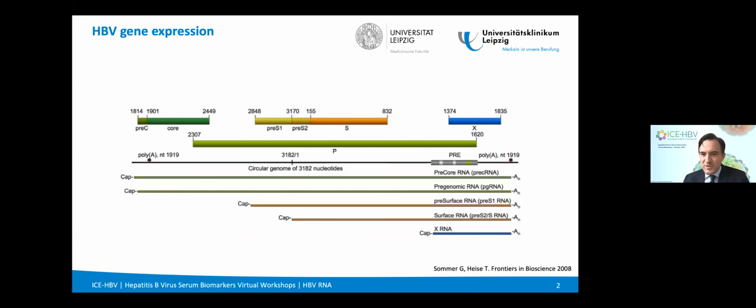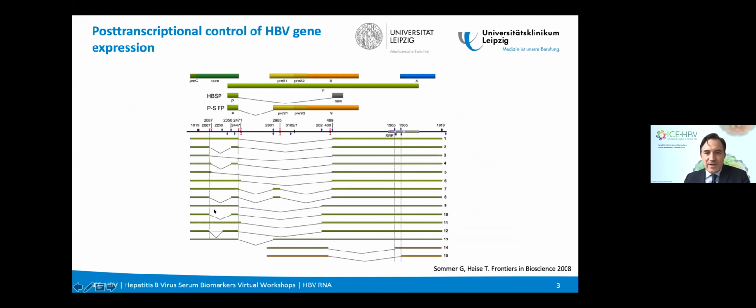The longest is the pre-core RNA, then the pregenomic RNA, then we have two RNAs for the surface antigen and one for the X gene. This is basically what we are talking about when we talk about HBV RNA, but there is more to it. There are spliced variants of the hepatitis B virus.